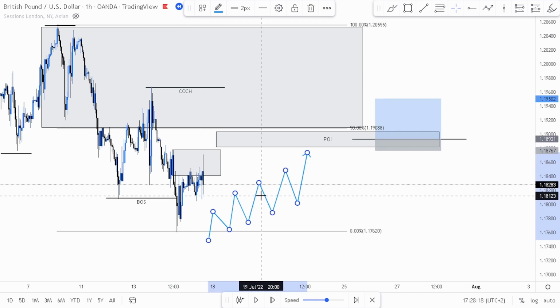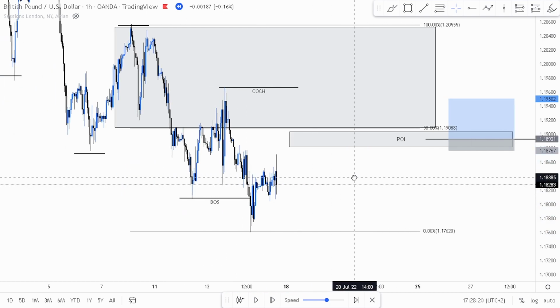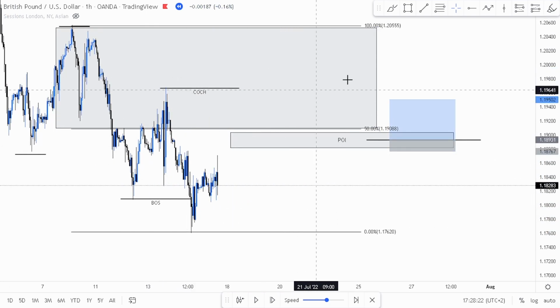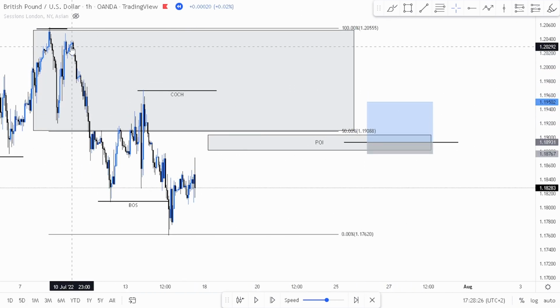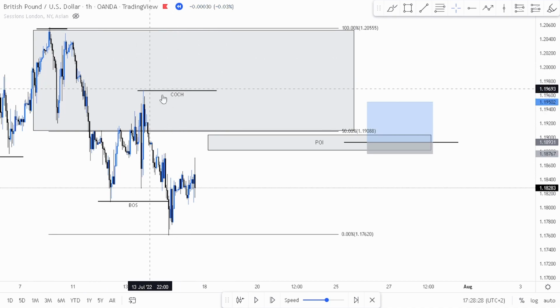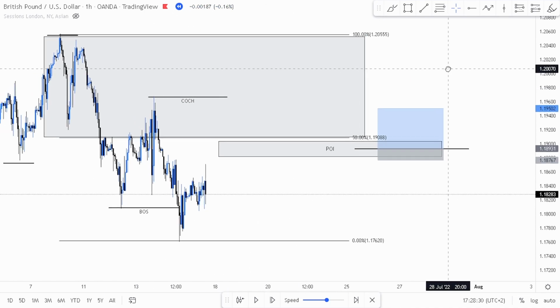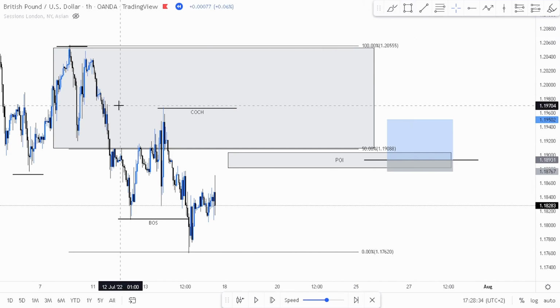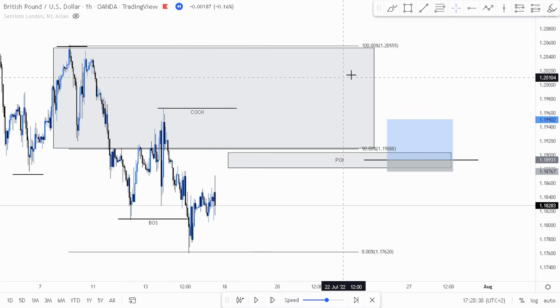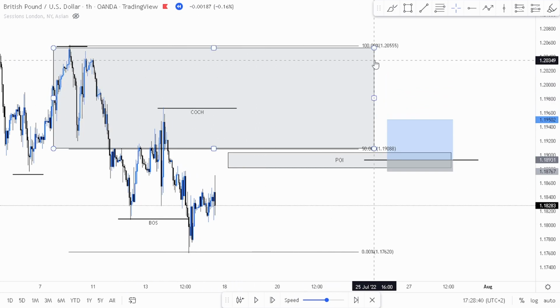Hence a lot of people get caught on the wrong side of the market. What you want to do is look at levels which are above the 50%, because those are the levels whereby price is more likely to react to. That is where you have your order blocks which have not been tested, and your levels of supply which have not been tested.